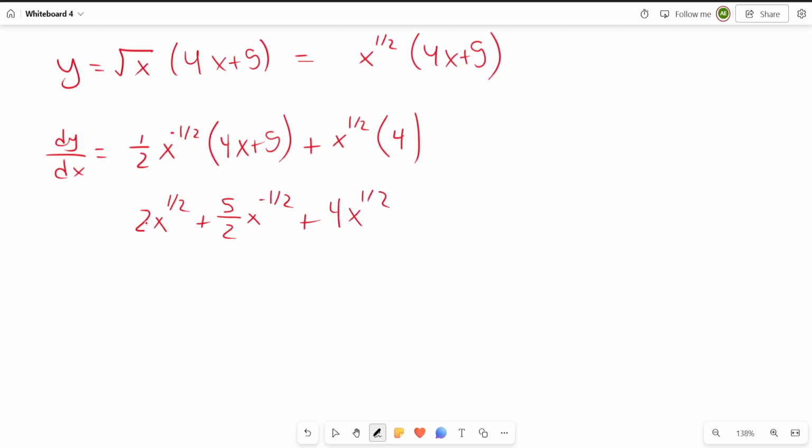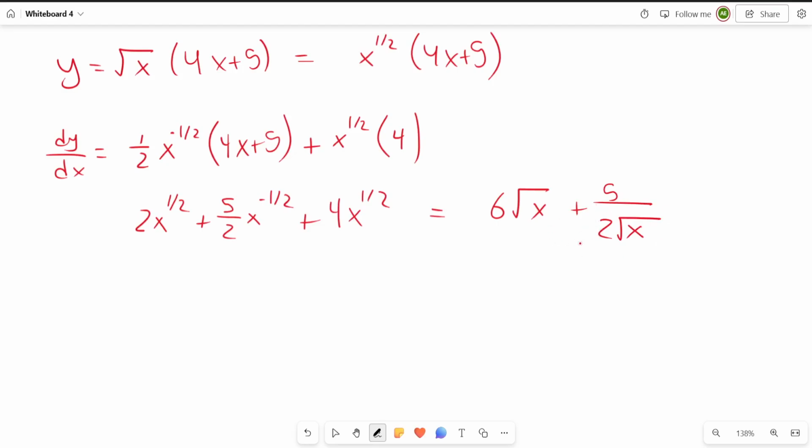So we can simplify here. We know that 2 plus 4 is 6, so this is going to give me 6 x power half, or 6 root x, plus 5 over 2, and then this x power negative half can go down as x power half, or x under the square root.